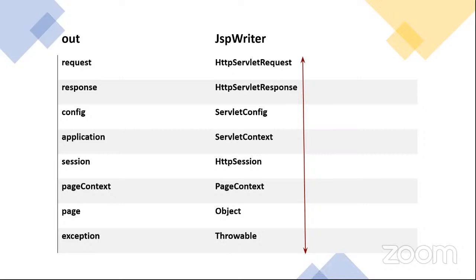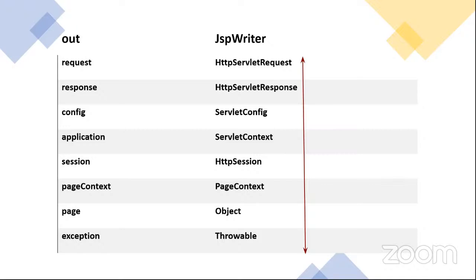Config, if you want to initialize any parameter for a particular servlet or JSP page. And if we want to make it global, so the initialized parameters can be accessed throughout the application, that's possible with application.